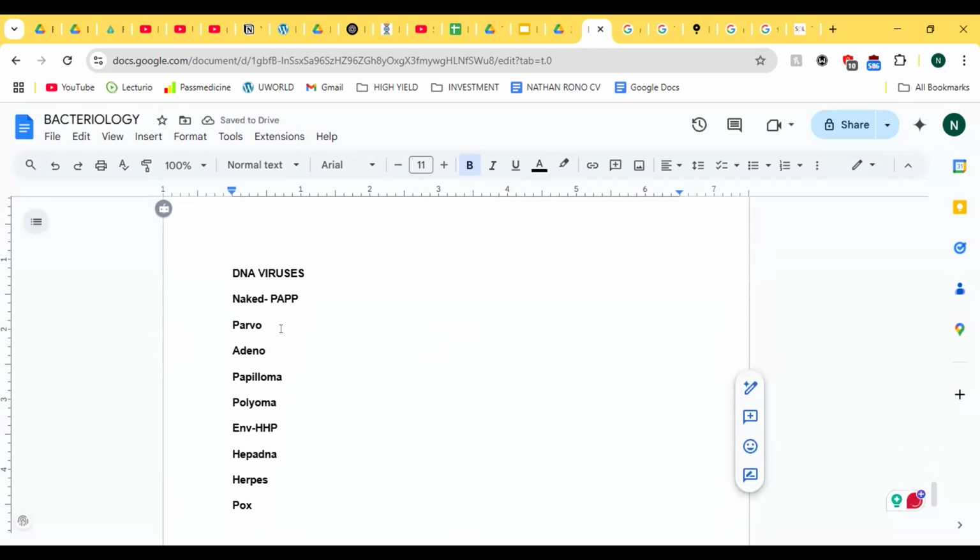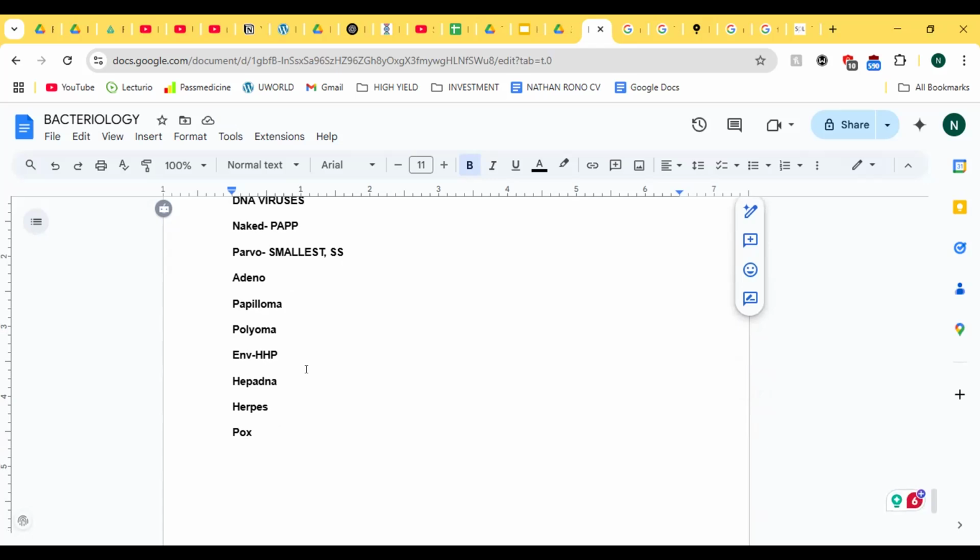Now, parvo is the smallest DNA virus. It is the only one that is single-stranded. The rest, adeno, papilloma, polyoma, hepad DNA, herpes, and pox, are double-stranded. That is what is unique about parvo. Pox is the largest, and it is the only one that replicates in the cytoplasm.